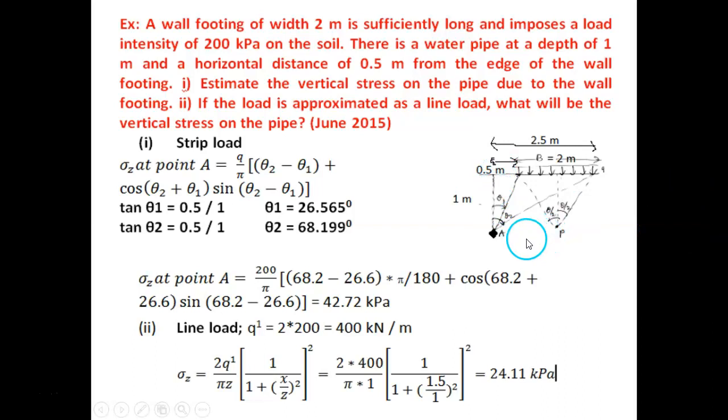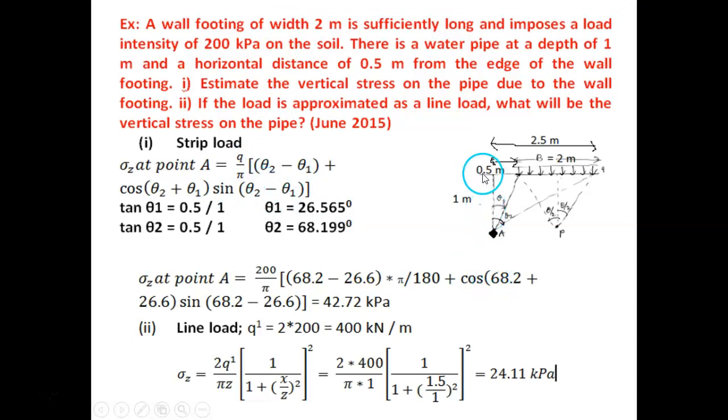So how to find the increase in stress at this point? Initially, we have to assume that the load is strip load. That is the first point, right? Estimate the vertical stress on the pipe due to the wall footing. So initially the load is given as strip load, so we have to use the strip load equation.